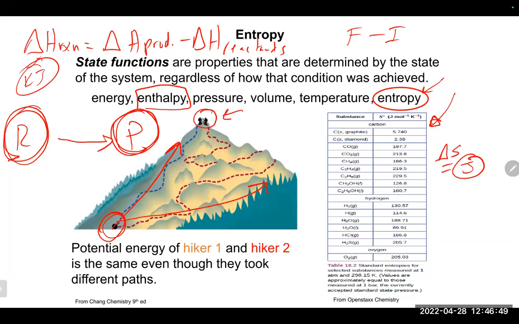And unlike delta H, if you want to look up the delta H of formation for something like O2, the answer would be 0 kilojoules. So for enthalpy, anything in a standard state that's uncombined will be 0 on a table. But when you look up those things on a table for entropy, you will actually find values for them. So things like O2, H2, things that are in their natural state, you'll still find values for. That's something that's really different as well.